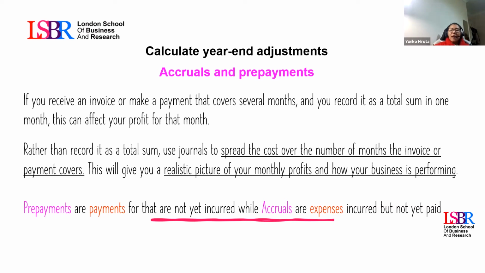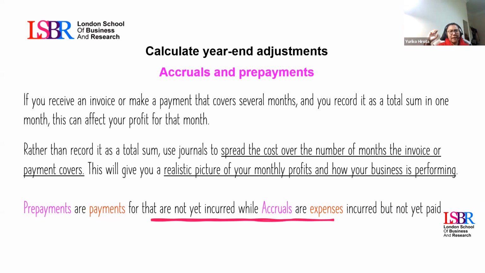So rather than record the whole amount that you pay or receive for the next, I don't know, 5-7 months, companies have the option to divide this amount across the different months that the payment or the accrual is covering, in order to not have a huge impact in the financial statements.